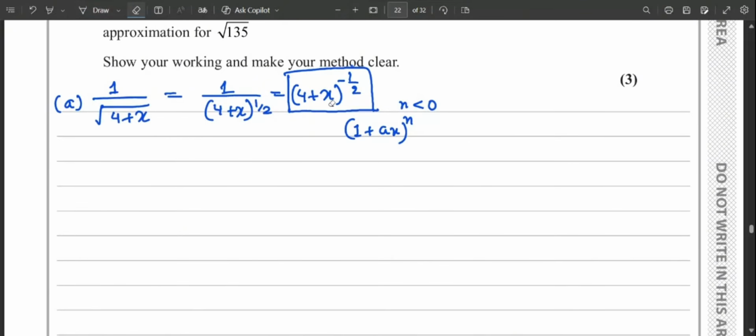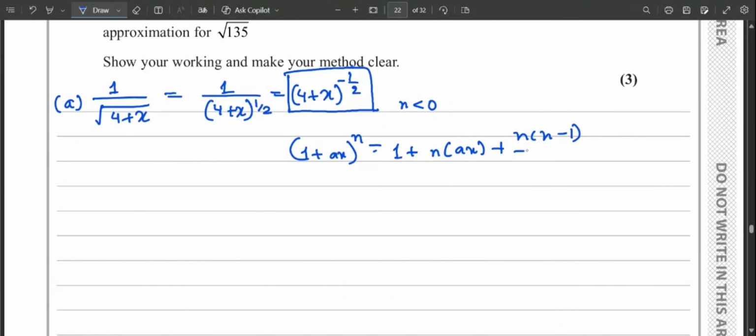So we have to write down 4 plus x to the power of minus half in this form, where the series expansion would follow this formula: 1 plus n into x plus n into n minus 1 divided by factorial of 2 into x square, and so on.